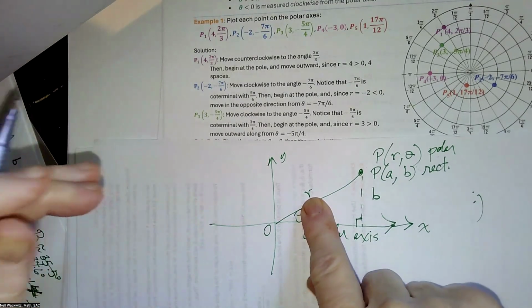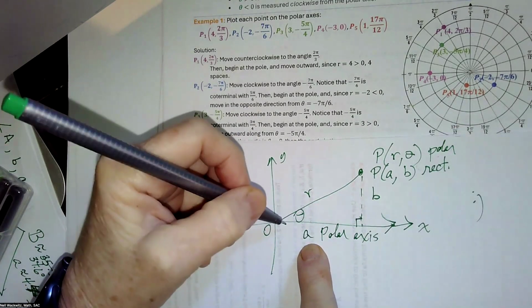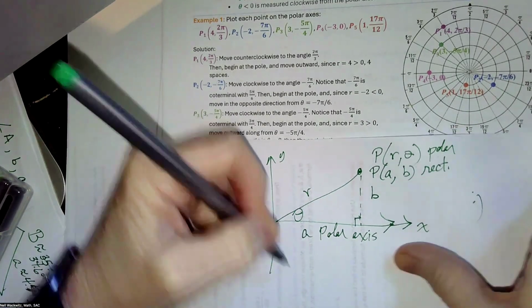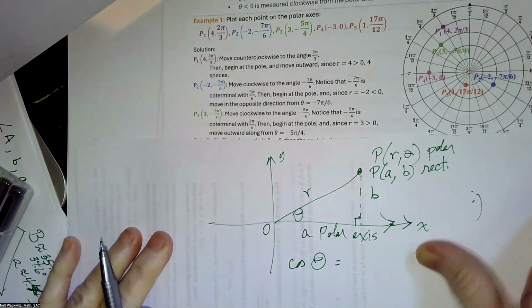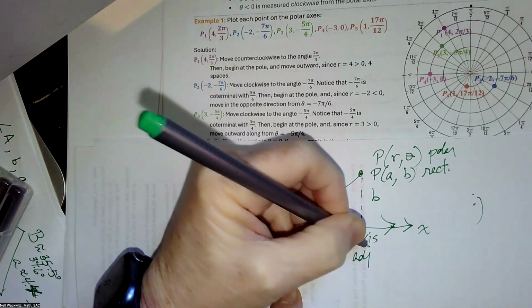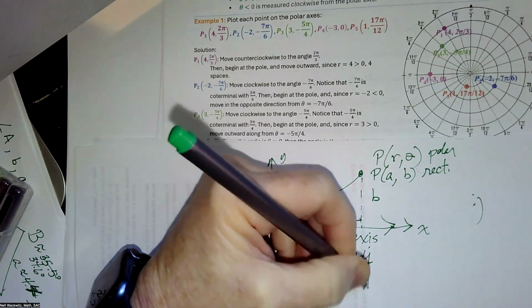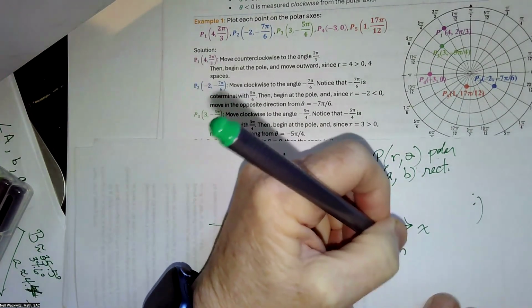So I can see pretty easily, the cosine of theta is adjacent over hypotenuse is little a over r.